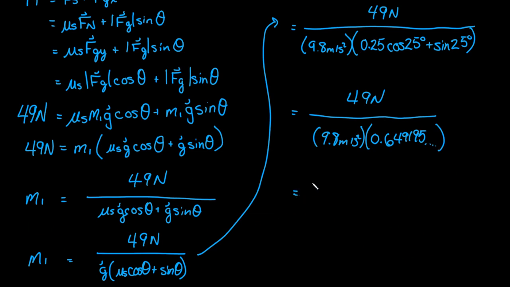So I get 49 newtons divided by 6.361 meters per second squared, which gives us a mass of 7.702 kilograms.